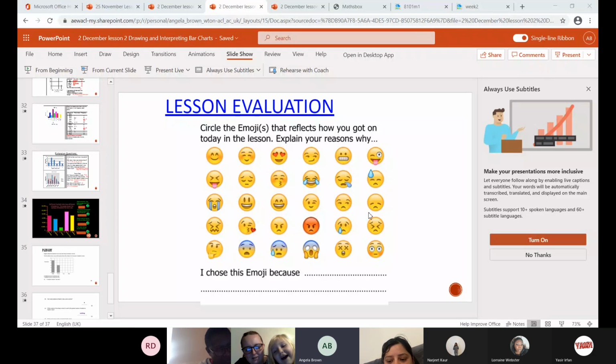Are you understanding bar charts, young lady? She's trying. She's not allowed to go to school because somebody tested positive in her class, so she's not allowed back until Friday. Oh, well, at least she's doing some maths.